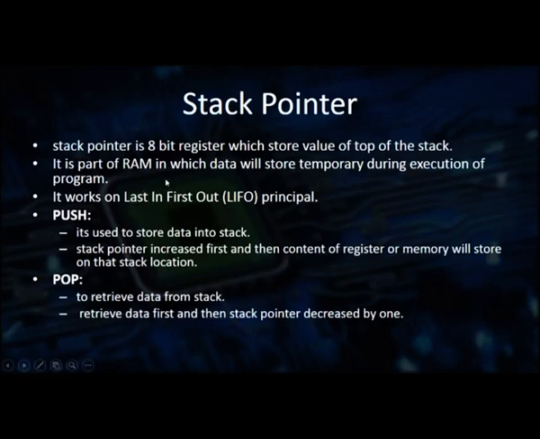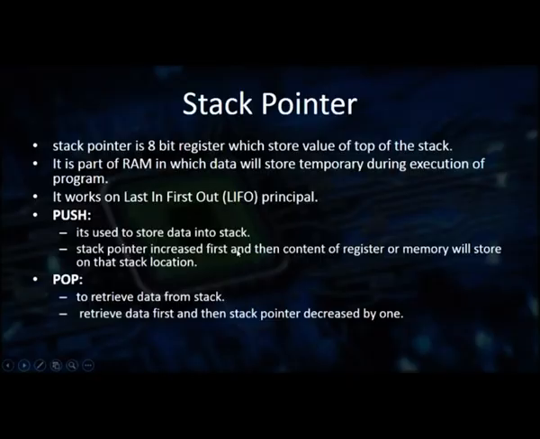Push is used to store data into the stack. During this operation, the stack pointer is first increased, then the data is stored. That is, the stack pointer address is first increased, then we write the content. Pop is used to retrieve the data from the stack, that is, to read the data already stored.